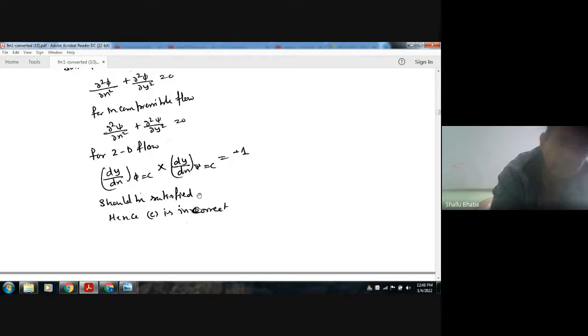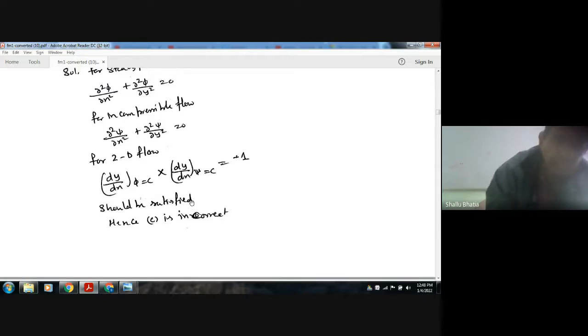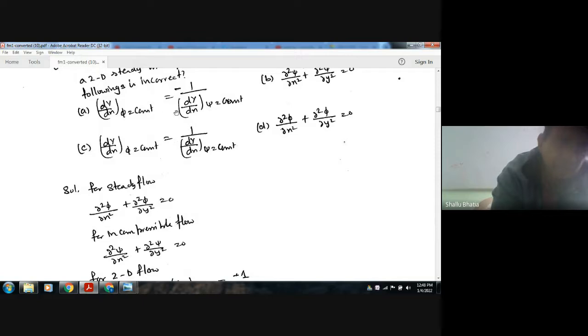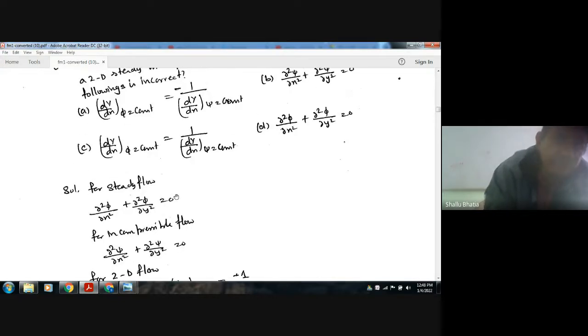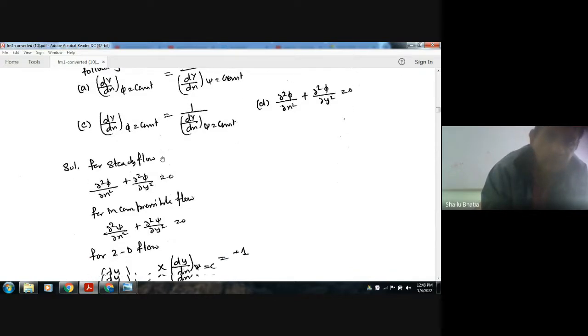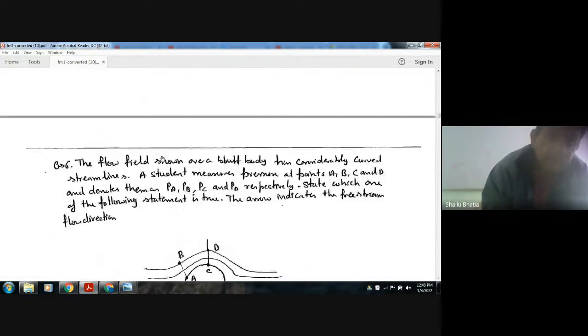So option A is also satisfied, because both lines are orthogonal to each other and the product of their slopes is minus 1. So the incorrect condition is this option C. Option C is incorrect.